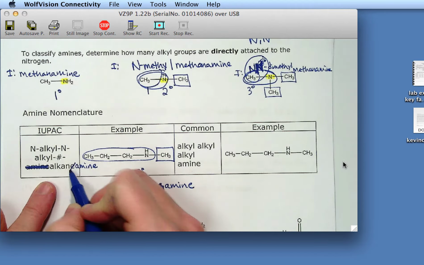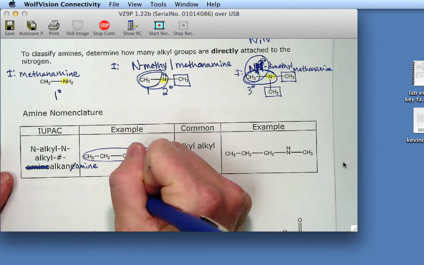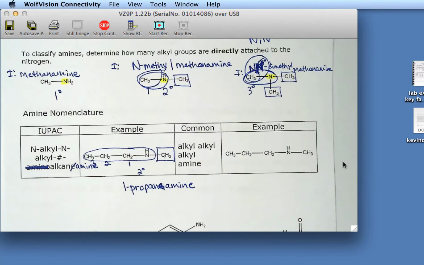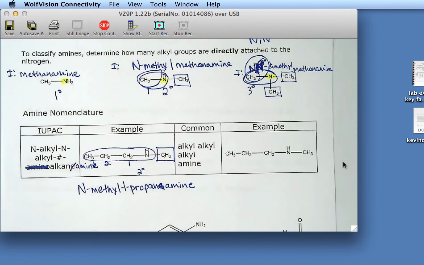So what carbon is that coming off of? First. Amines, unlike esters, are not going to be at the ends. They could be in the middle, it could be at the end. So this is 1-propanamine, because this is carbon 1, 2, 3. And then coming off the nitrogen, I have N-methyl. So N-methyl-1-propanamine.